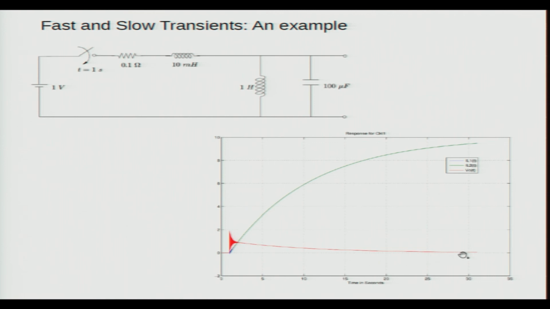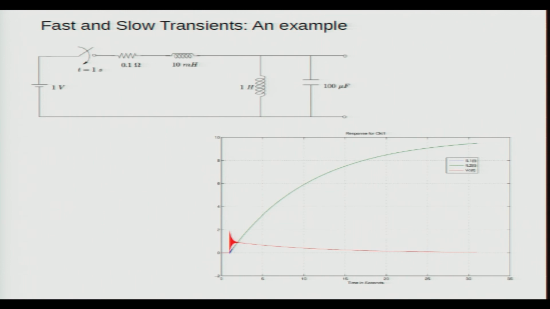But the characteristic feature of this circuit is that the natural frequencies are quite well separated, in the sense that the decay of this sinusoid and also its frequency is very fast, whereas the other exponential component dies down very slowly, or you see that the rate of change is very slow.